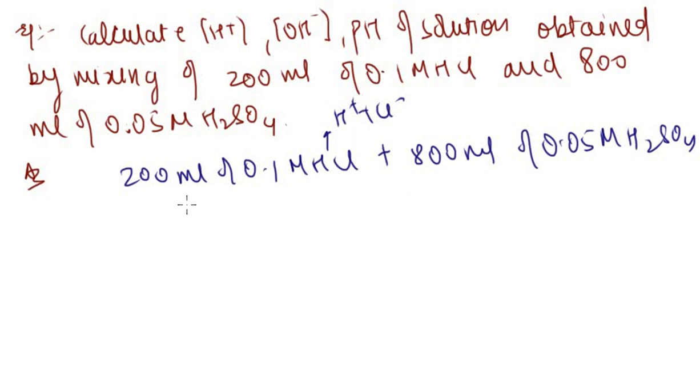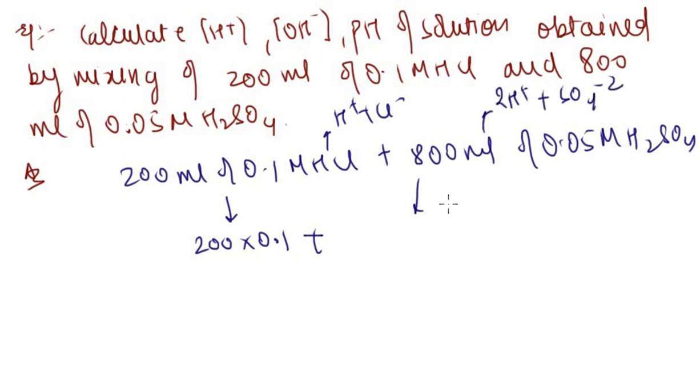So the moles of H plus from HCl is 200 into 0.1 millimole, and moles of H plus from H2SO4, because H2SO4 gives 2H plus and SO4 2 minus, so 1 mole of H2SO4 gives 2 moles of H plus. So we multiply here by 2 into 800 into 0.05.